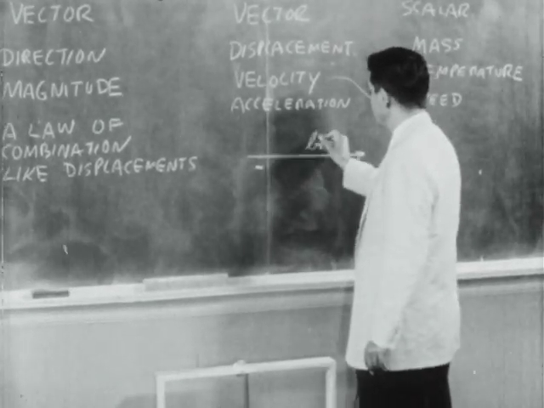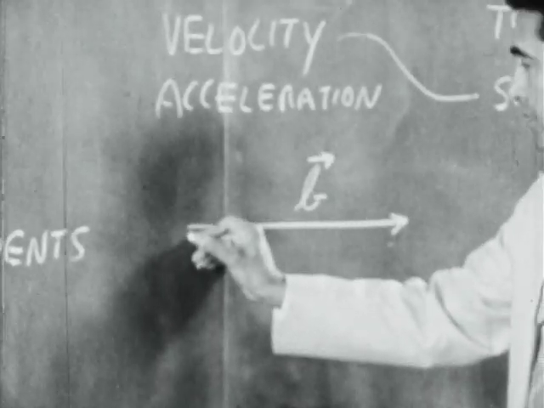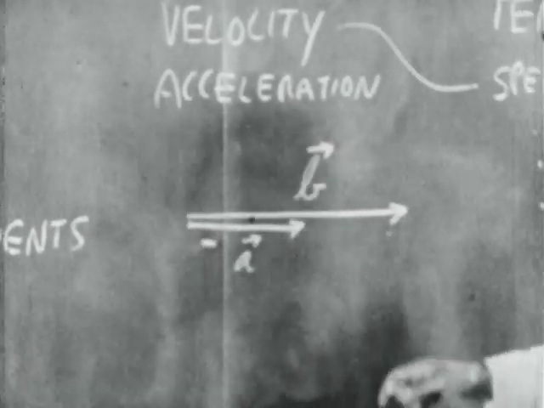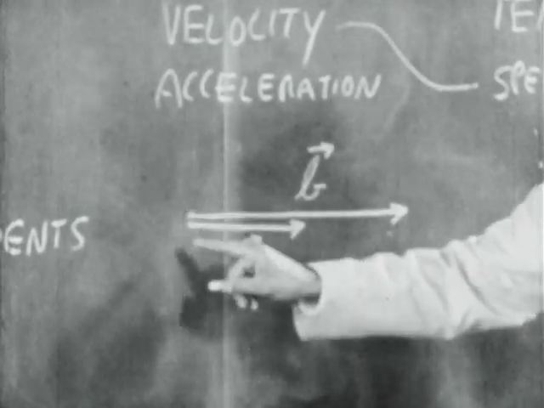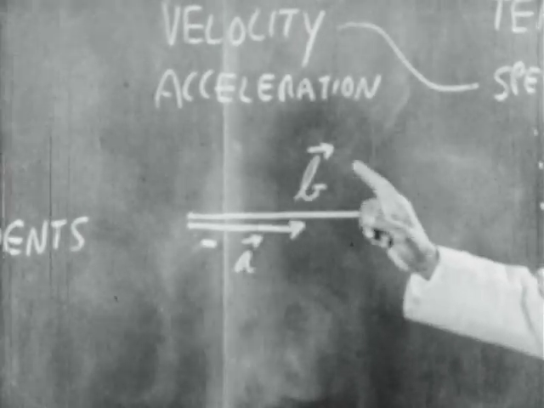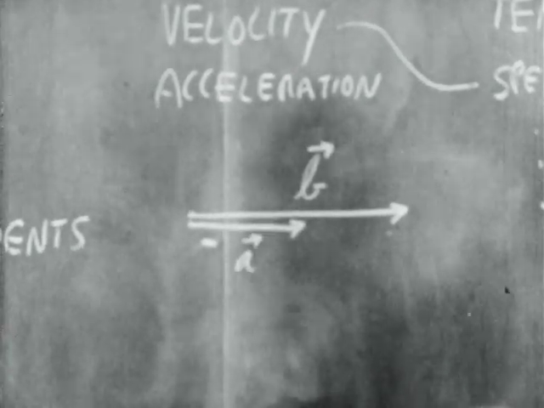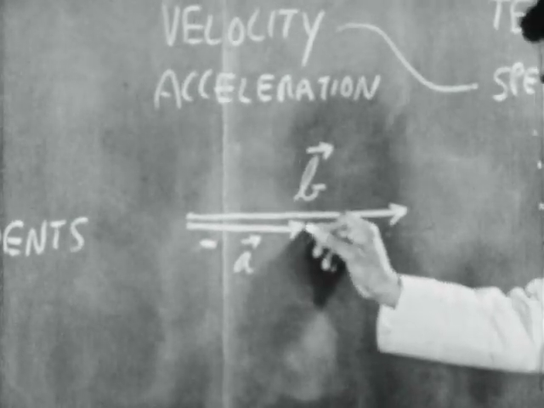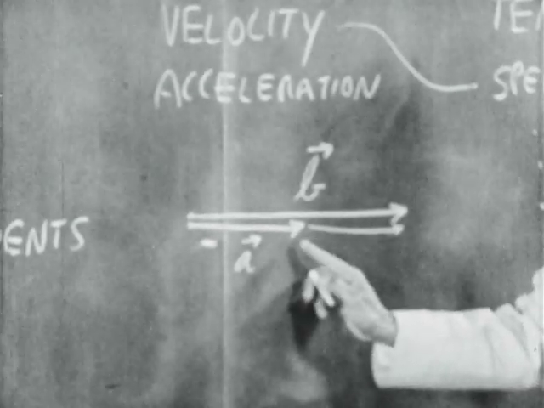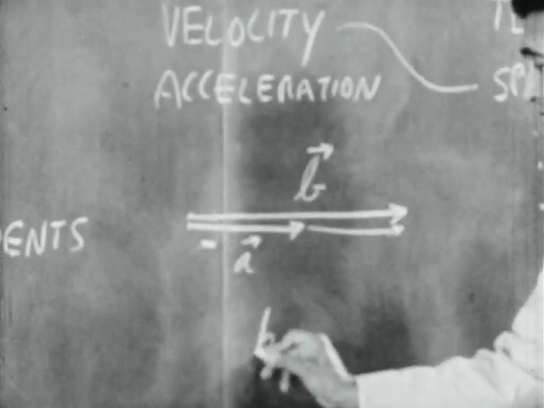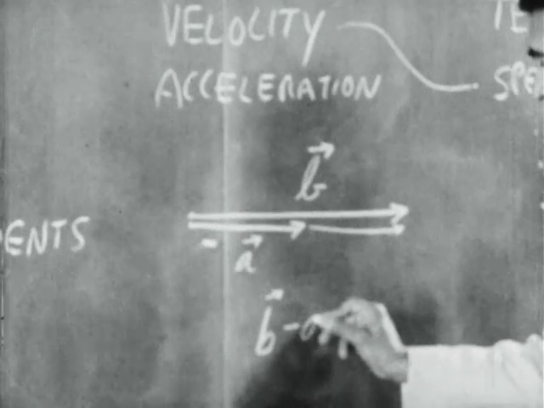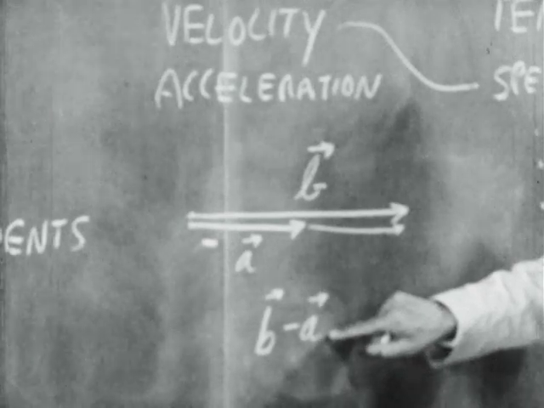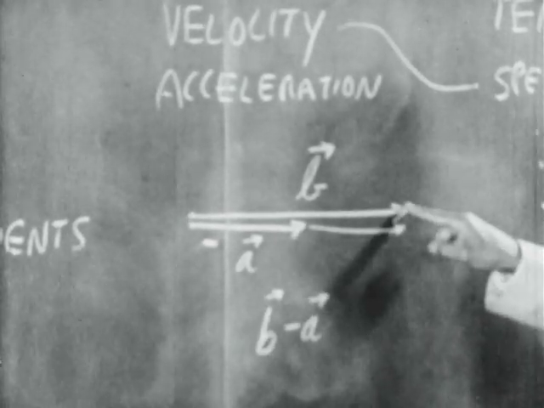I will call that B so that it will be the same notation that I use later on, and call this one A. If you have to imagine these two tied to the same point, I want to discuss the meaning of B minus A. Well, if they happen to both go in the same direction, I think it's easy to visualize that I ought to go this way and say the vector that goes, let me write down B minus A. The vector that goes from the second arrow to the first arrow.